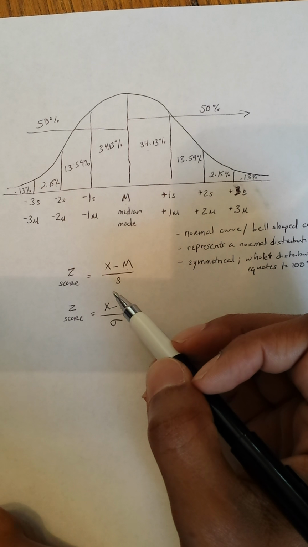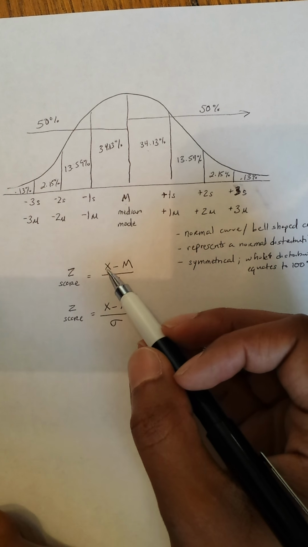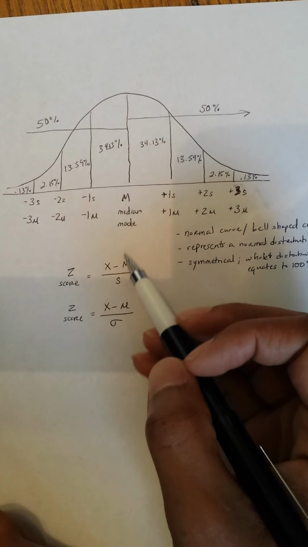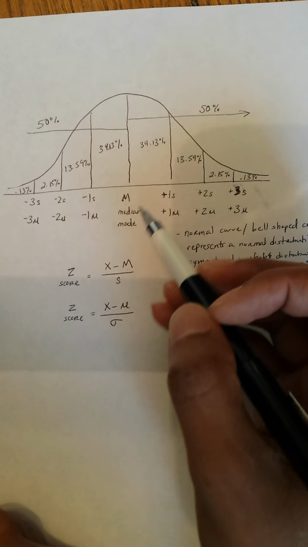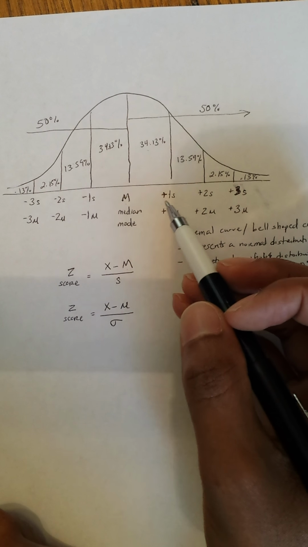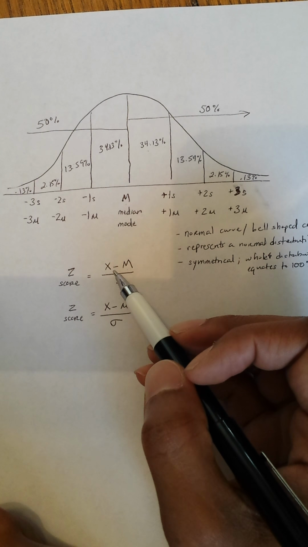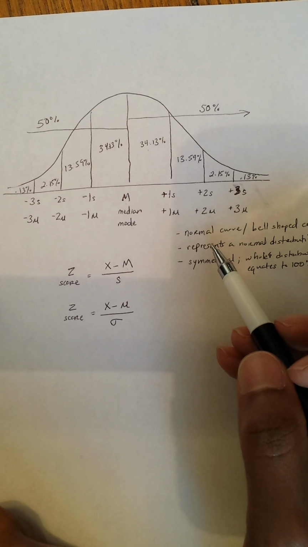Okay, so we can take a raw score, transform it into a standard deviation unit, and then upon doing that, we can apply it to this normal curve, and we can determine how well a particular score fares in light of that particular data set's mean, in light of that particular data set's standard deviation, and how spread out the scores are. Okay.